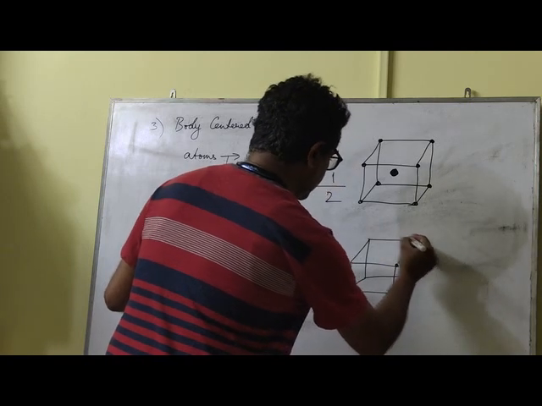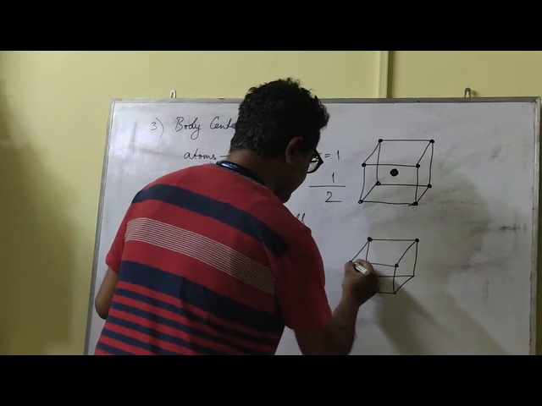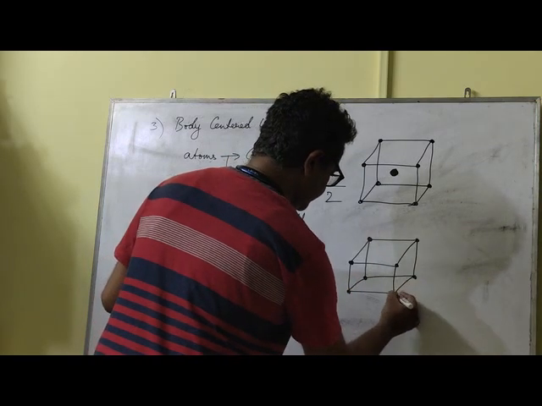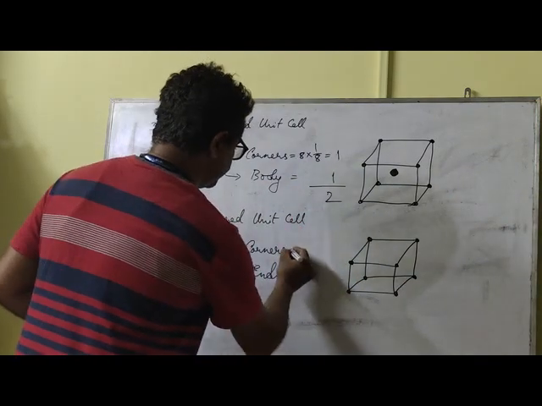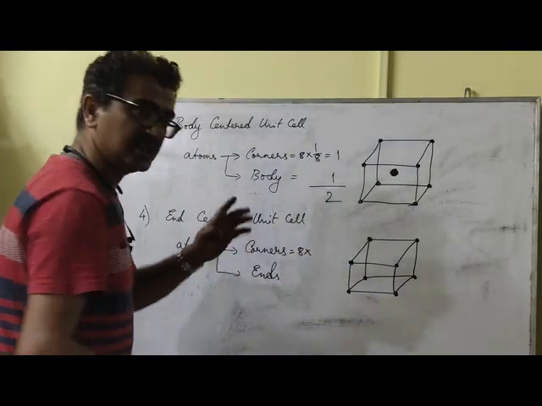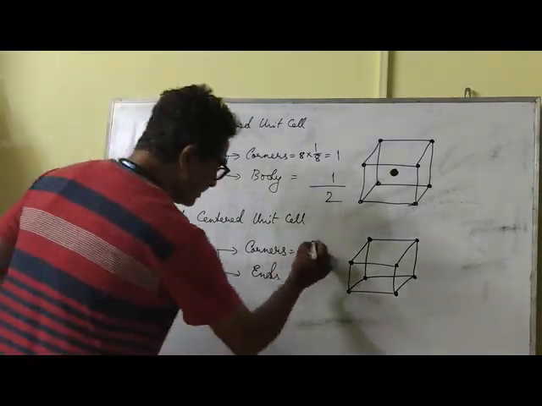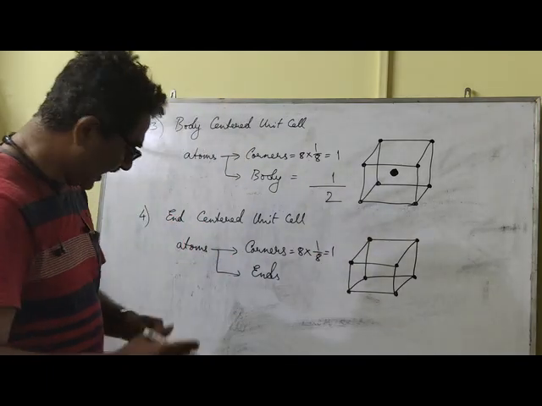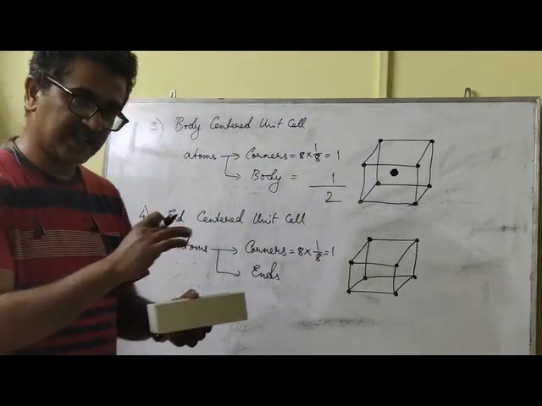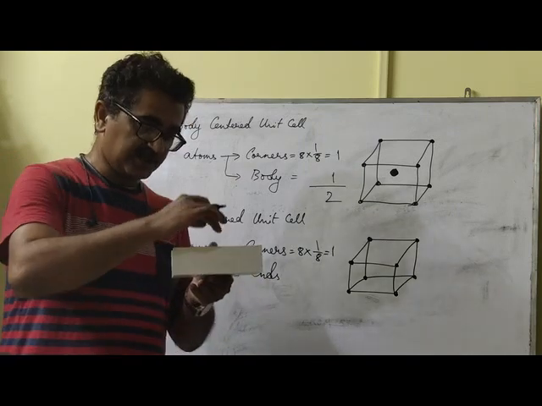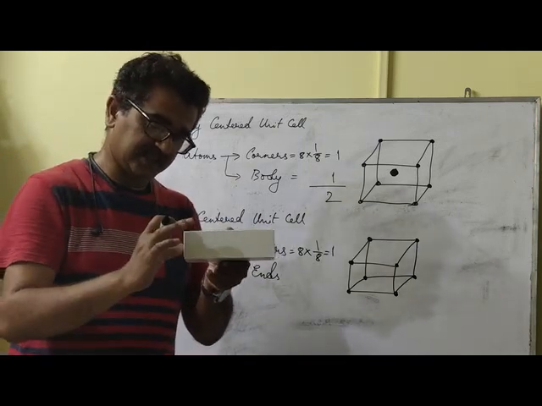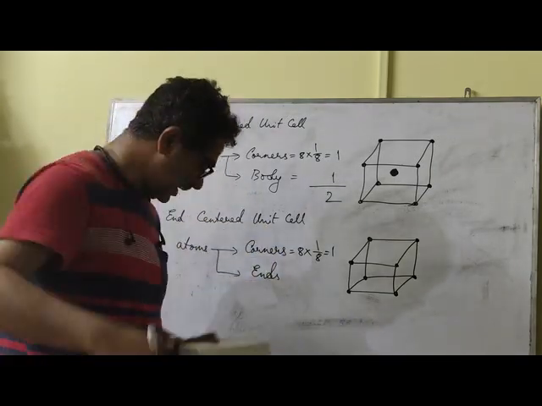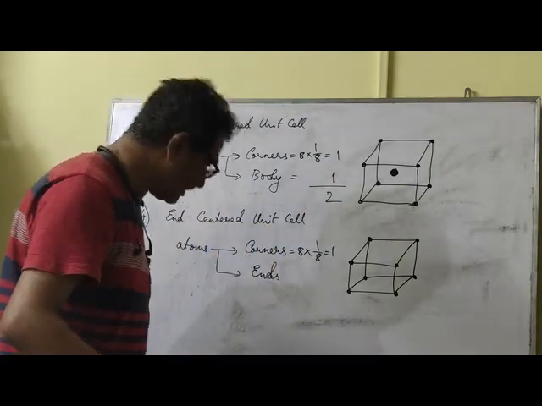So at the 8 corners, we are going to have the atoms as usual. And we know that at each corner, 1/8 part of the atom is inserted. So we get one atom over here. And at the ends means you can take either of the opposite ends. Either you take this end at this end, or you may take this end at this end, or you may take this end or this end. That means opposite ends.